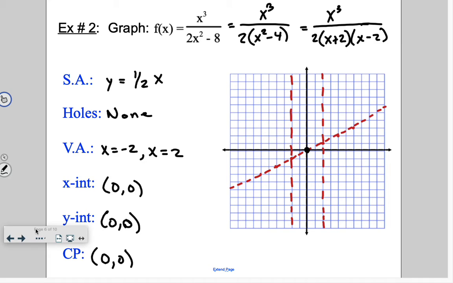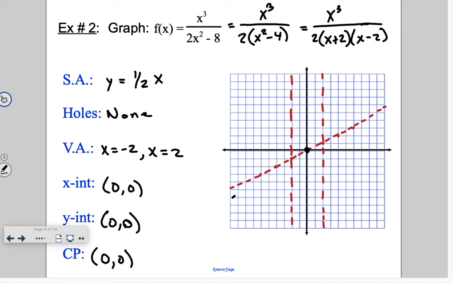What do we get? -64 on top, 24 on the bottom, which is, in this case, if you take -64 and divide it by 24, it is less than -2. Or bigger than -2, however you want to say it. Which means we're going to be below the slant asymptote.